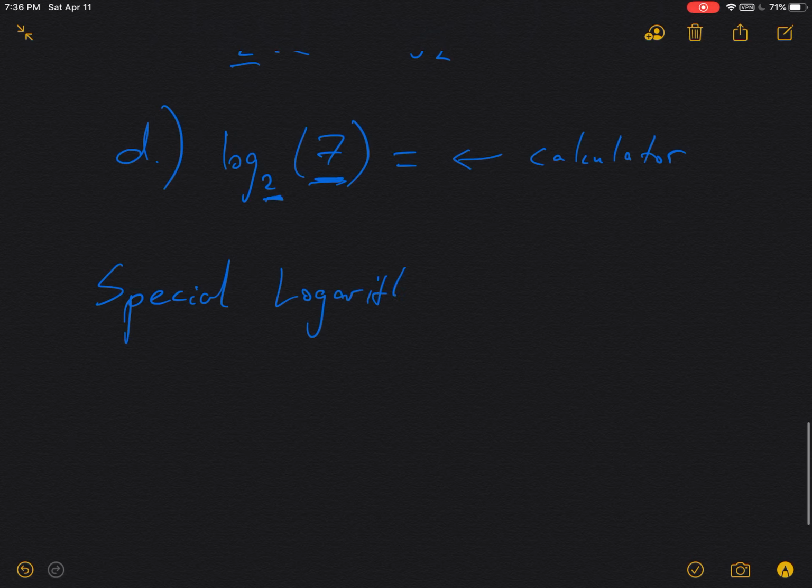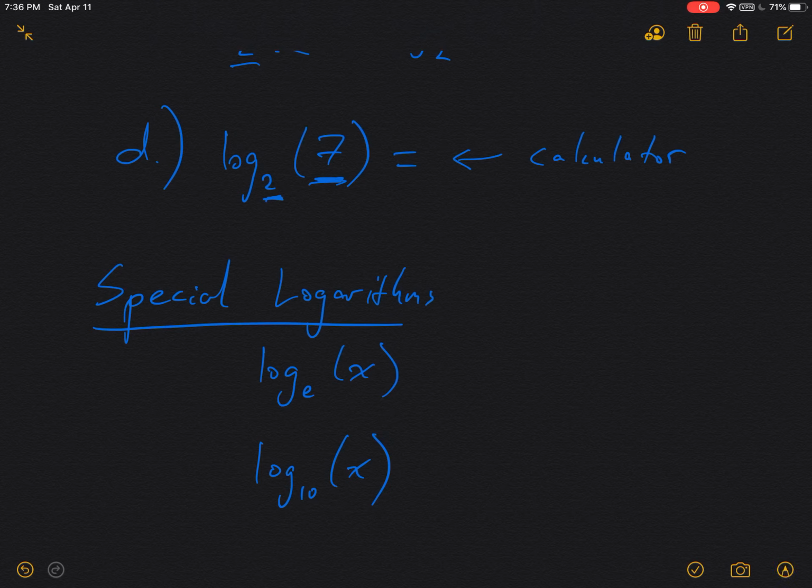There are some special logarithms that we're going to look at. But the analysis for these is similar to the analysis in the example that I just wrote up. The only difference here is that we might abbreviate log base e and log base 10. Every logarithm has a base, because that logarithm is the inverse function of the exponential function with that base.